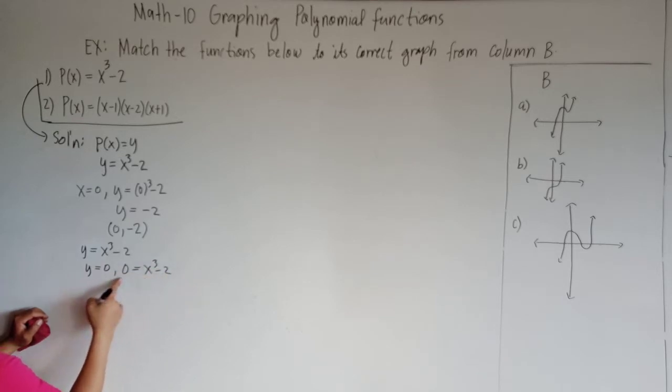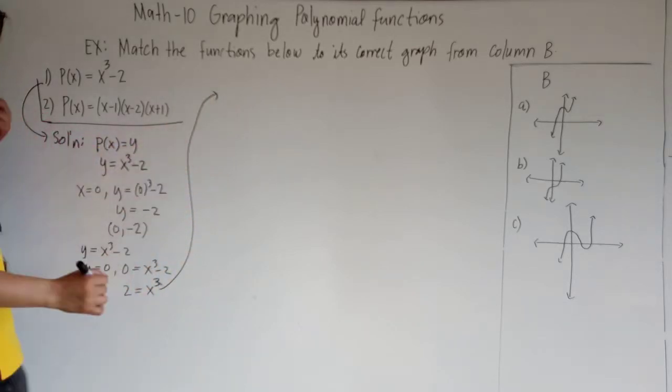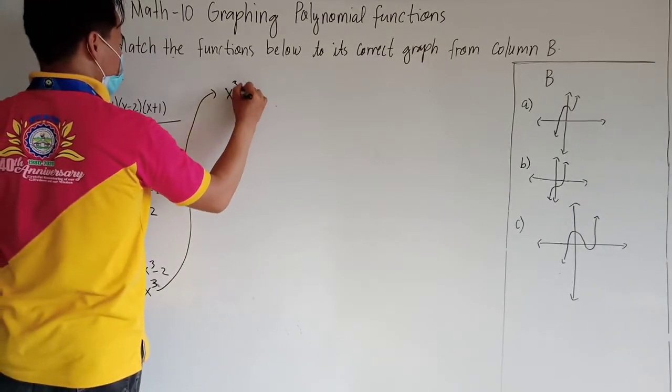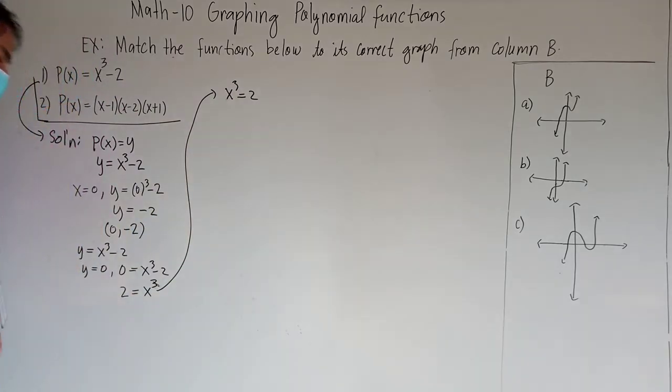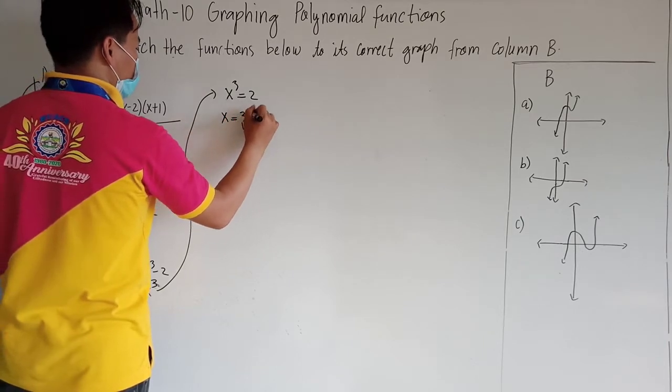Or from that one, we transpose negative 2, it becomes positive 2 is equal to x cubed. After that, from x cubed is equal to 2, we can actually get the cube root of both sides. So we have here x is equal to the cube root of 2.